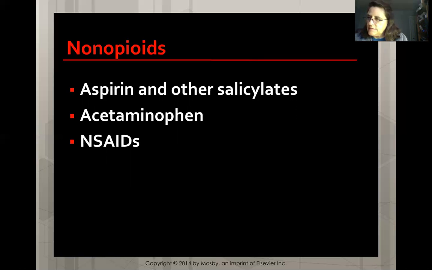NSAIDs are a broad class of drugs with varying efficacy and side effects. The action of NSAIDs, and ibuprofen is an NSAID, decreases the production of pain-sensitizing chemicals. Let me say that again because that's important for you to know. The action of NSAIDs, and ibuprofen is an NSAID, decreases the production of pain-sensitizing chemicals.